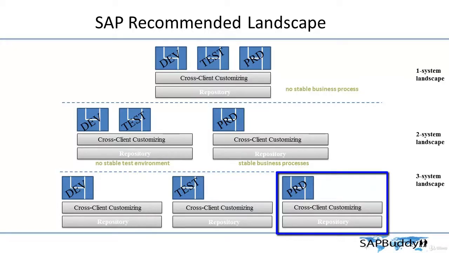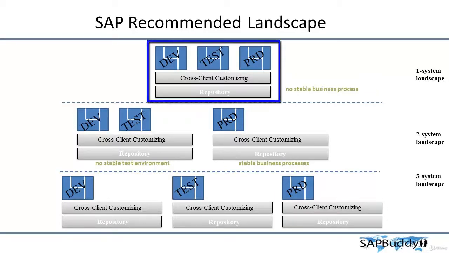Let's assume you have a single system landscape, which has different clients for development, test and production. Then you can think of what you will do with the cross-client customizing objects and the repository objects.